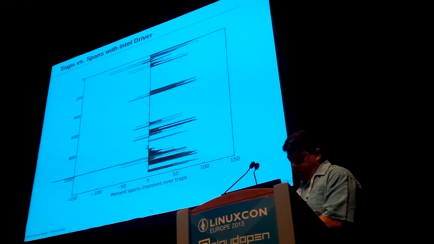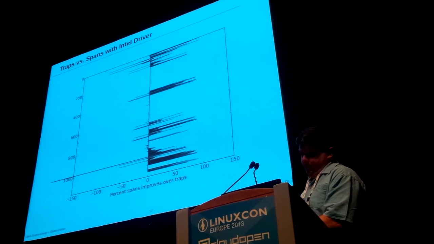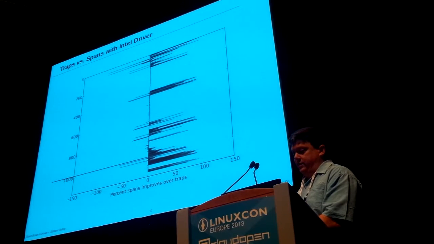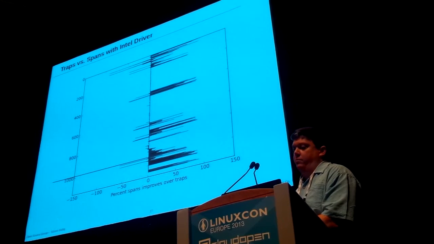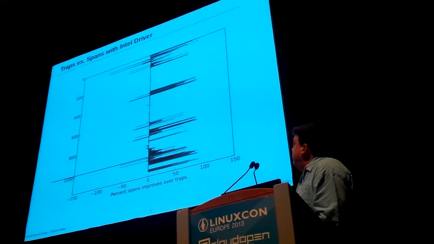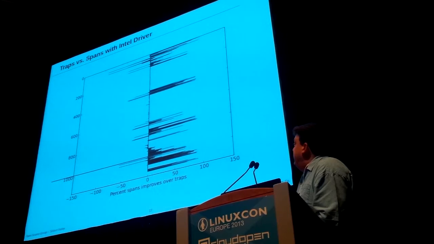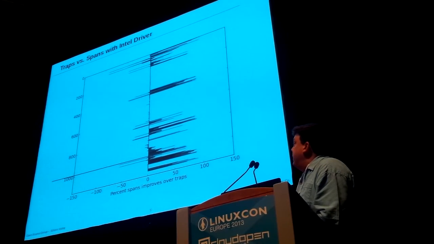Now I mentioned that there's a lot of tests. There's actually close to 1,200 tests that can be run for performance. And so to compare them, running under spans versus traps, the older compositor, I basically listed the percent improvement of spans versus traps.